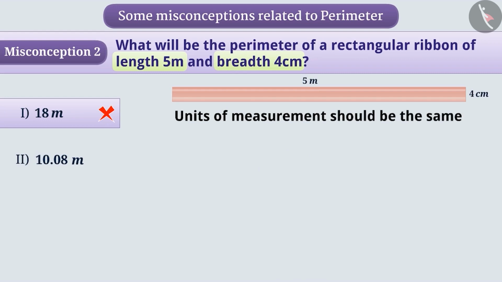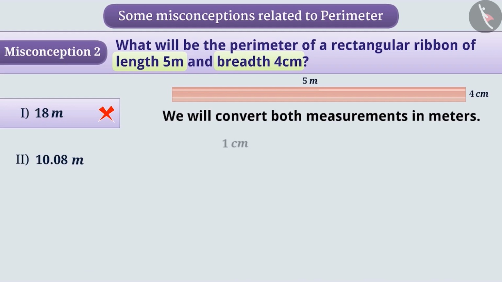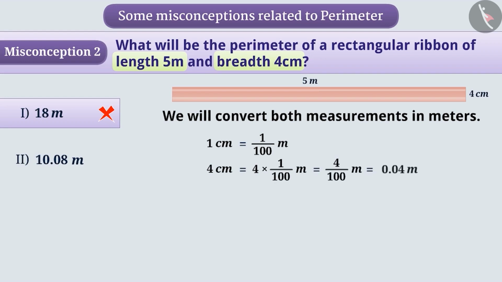Since the numbers given in the options are in meters, we will convert both measurements to meters. As 1 centimeter is equal to 1 by 100 meter, therefore 4 centimeter is equal to 4 multiplied by 1 by 100 meter, which is 4 by 100 meter, or 0.04 meter. This means length is equal to 5 meter and breadth is equal to 0.04 meter.